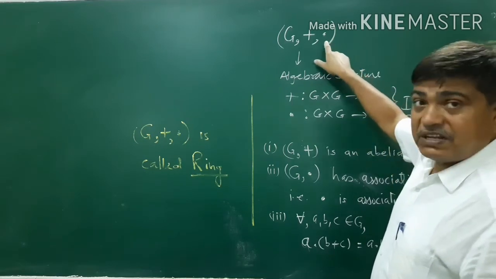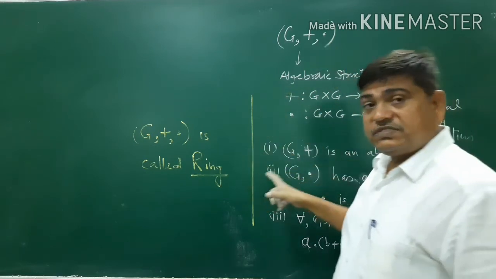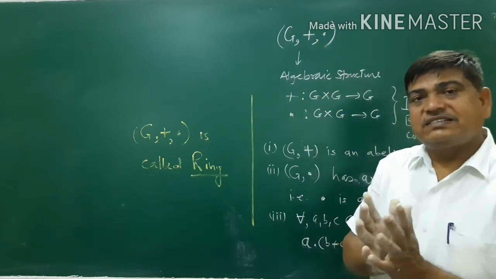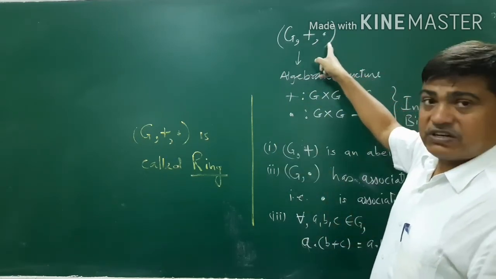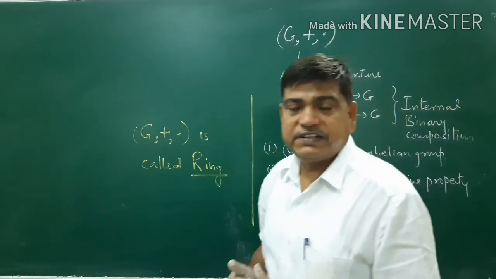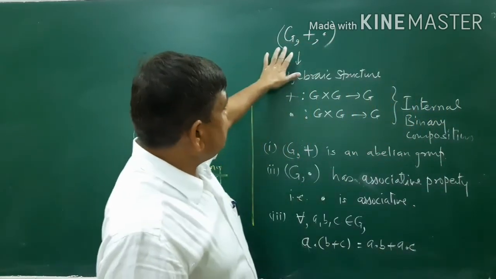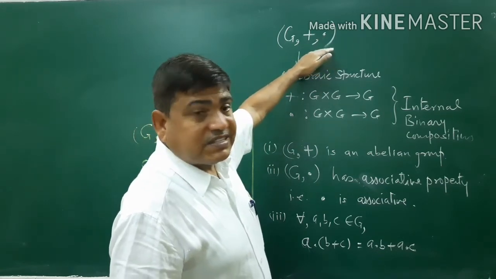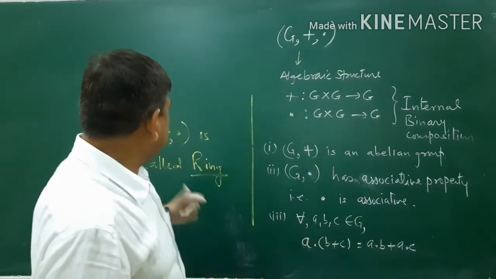With respect to multiplication, associativity holds, and one more property that connects this and this one, that is called the distributive property. So if G equipped with these two binary compositions satisfies these properties, then G is called a ring.